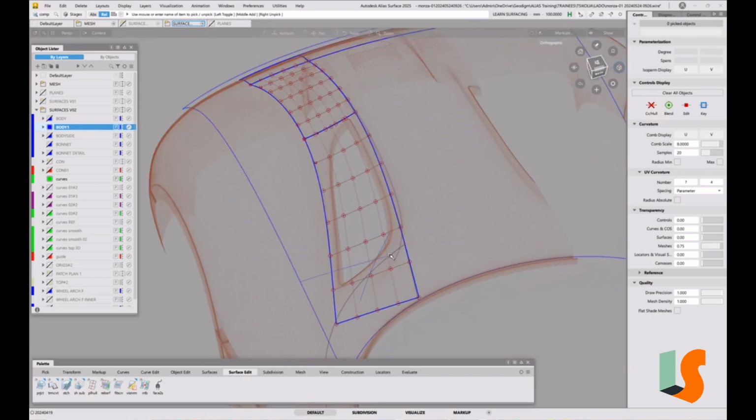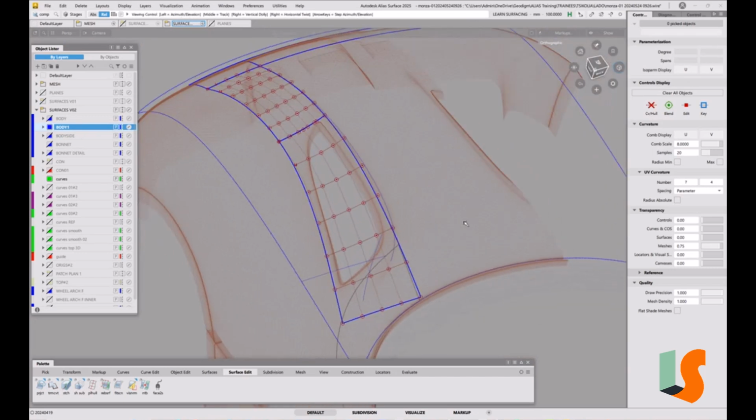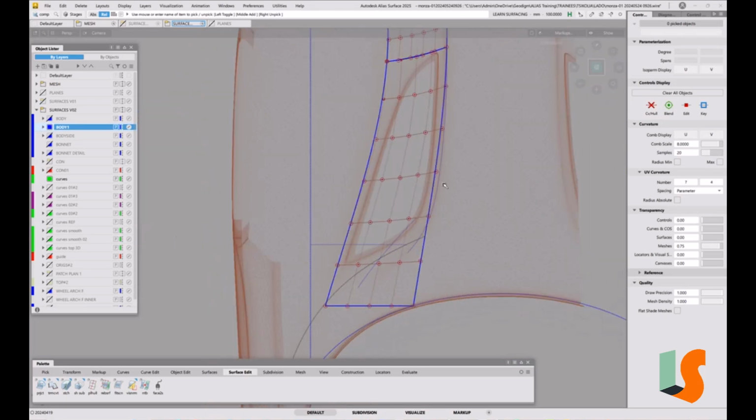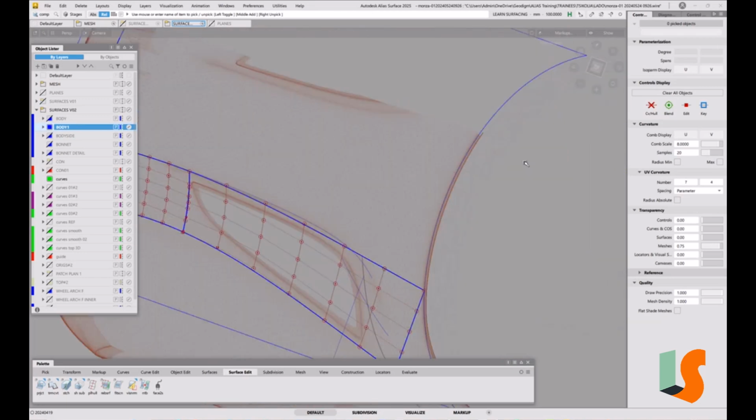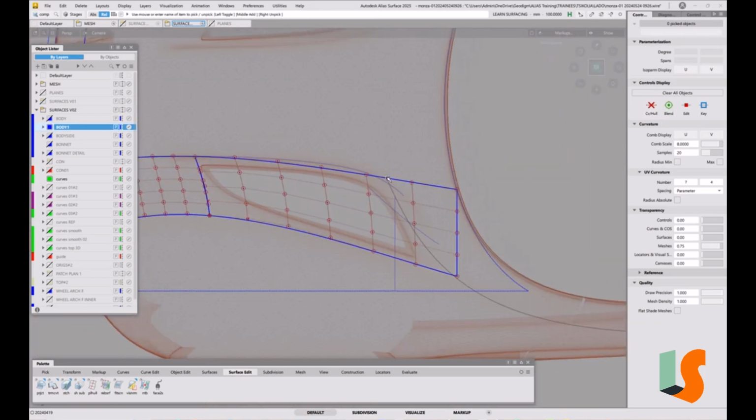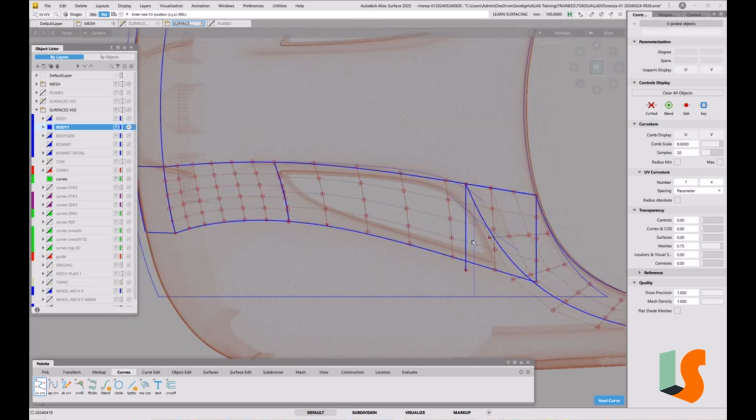The first thing I need to do is get this surface to join up with this, and so I've got to do that across this point here. So actually, having templated that, I need to untemplate it, and we're going to just put another straight line across. There's no reason for it not to be a straight line. I might as well just make it a straight line across there, and then we'll do a trim convert.